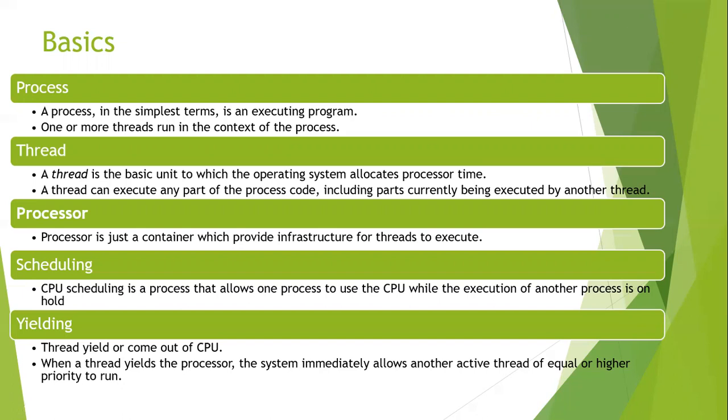You must have heard of a non-yielding scheduler dump, or stalled thread, or dispatcher dump. We will talk about those as well, but for now understand that yielding means coming out of the CPU so that it allows other threads to run on the CPU. Any questions?